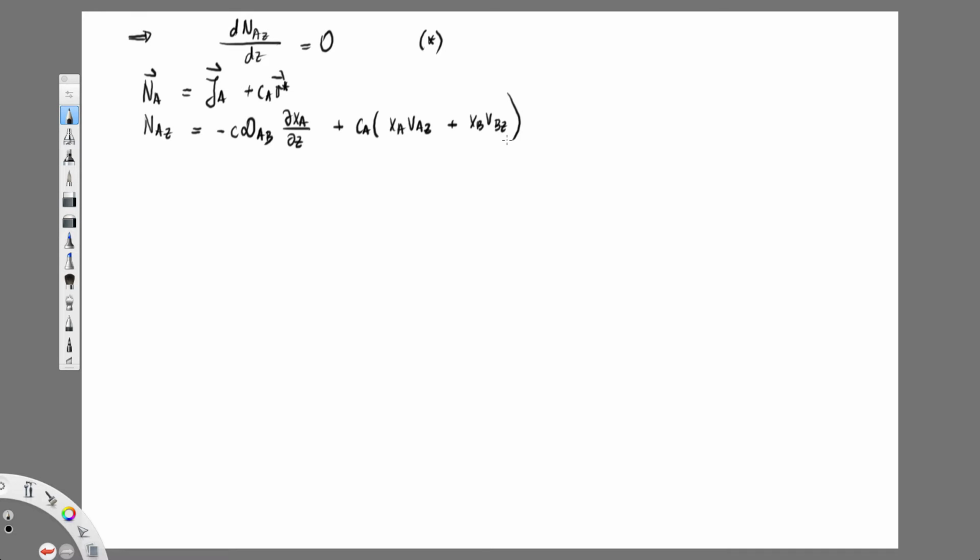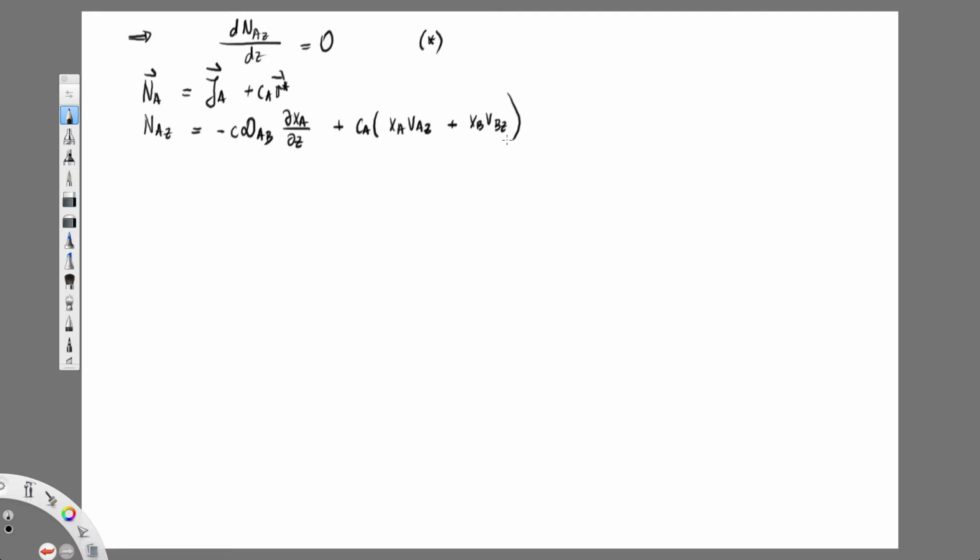And this is where, in this problem, we're actually lucky. Normally, you have to actually know what VBZ is, okay? And that can be a problem, or you have to express it somehow. Here, I'm dealing with stagnant gas, so I'm just going to assume that it's 0, and it's a dilute problem.